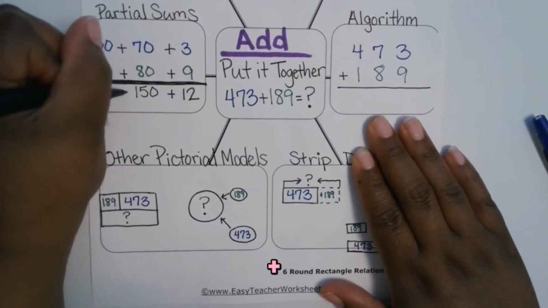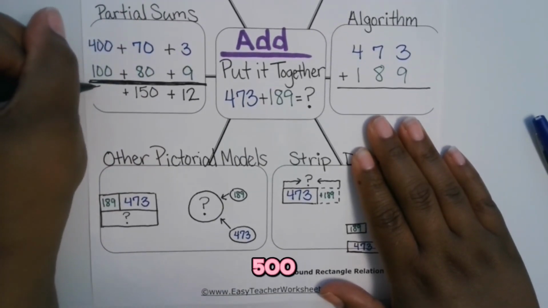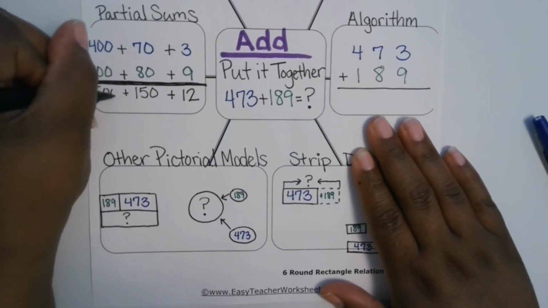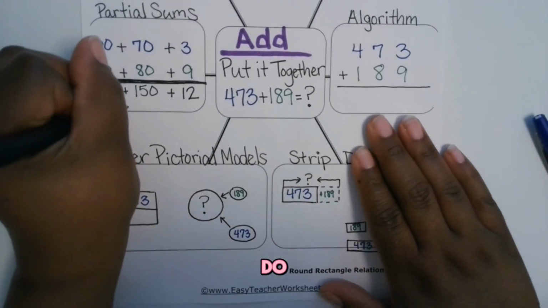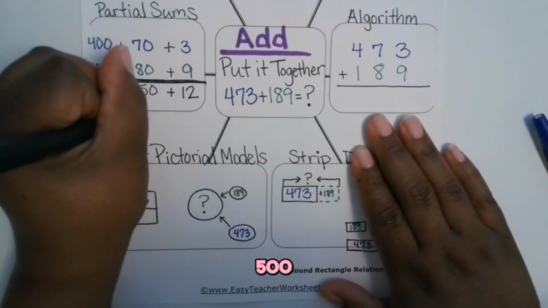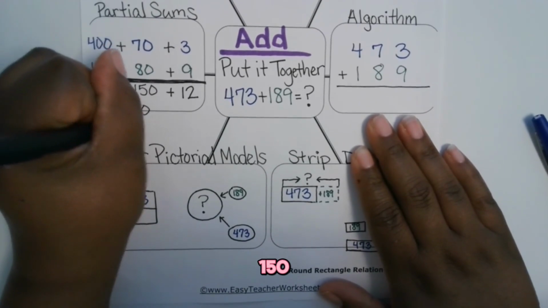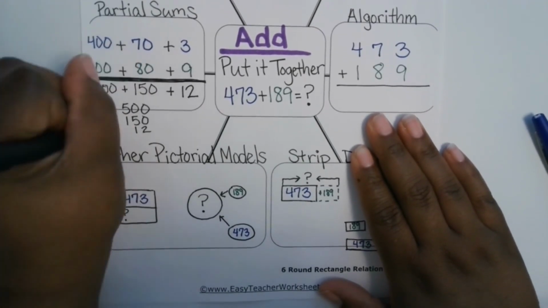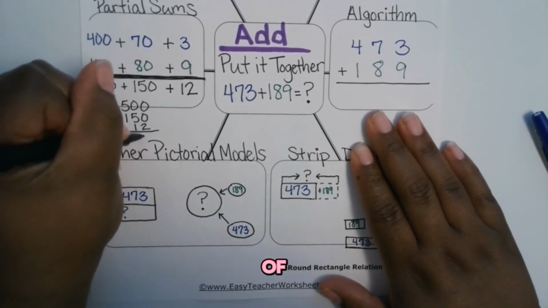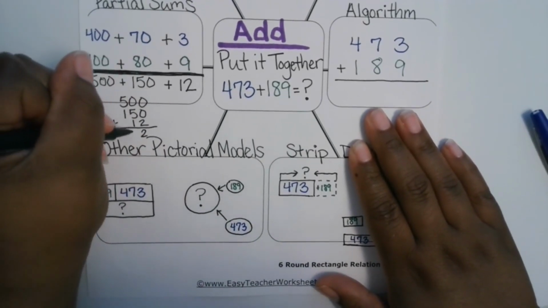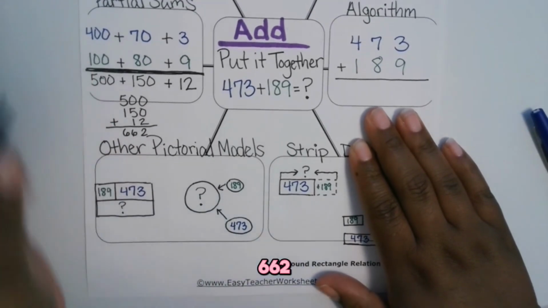And then 400 plus 100 will be 500. And what we would do from there is take those partial sums to create our actual sum. So we would do 500 plus 150 plus 12. And as we will see, we'll get the same sum of 662.